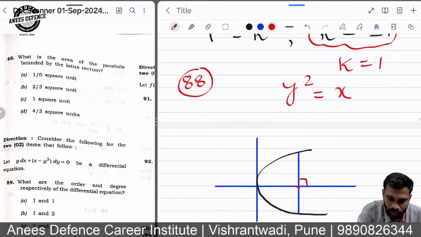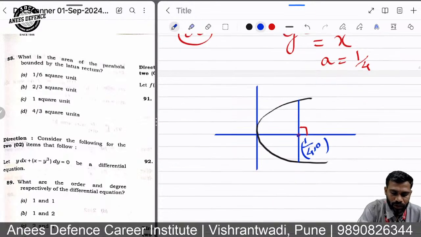If you compare this equation with the standard equation, a will be 1 by 4. So the focus will be 1 by 4 comma 0. We need to just find out the area.